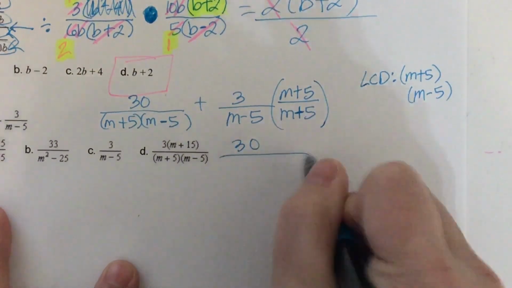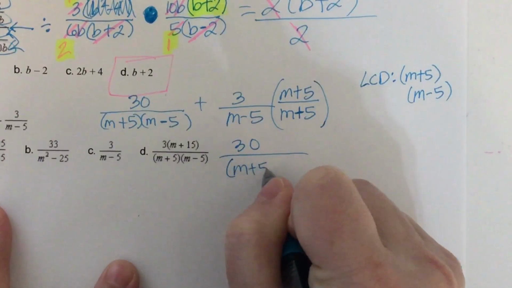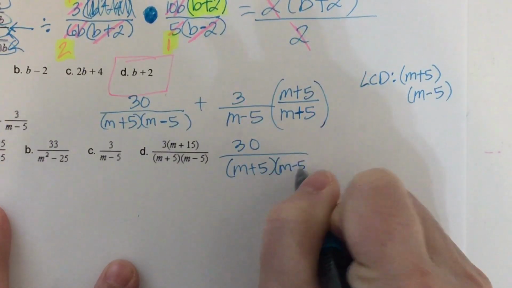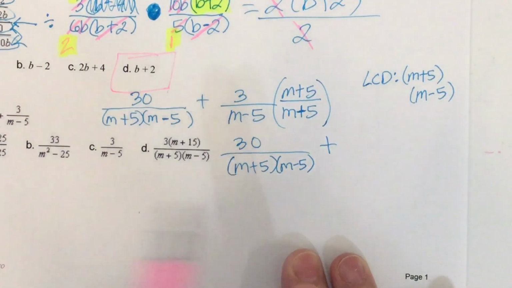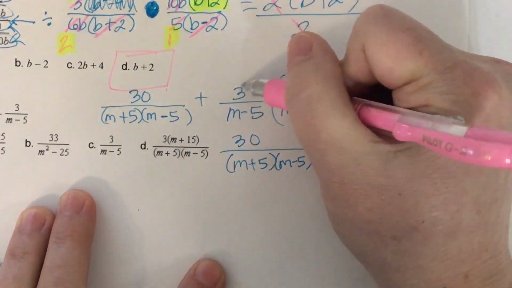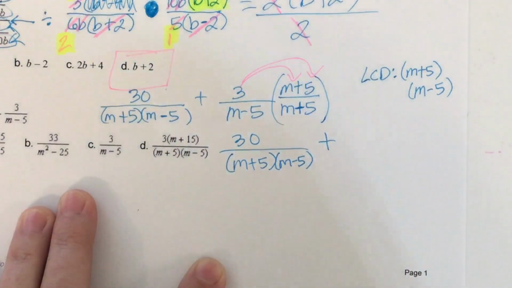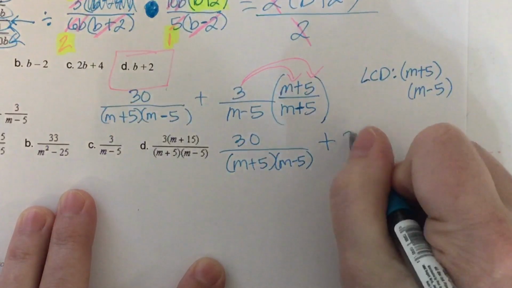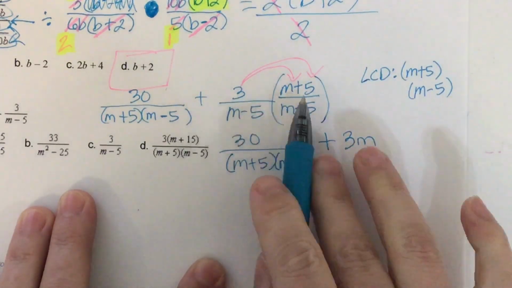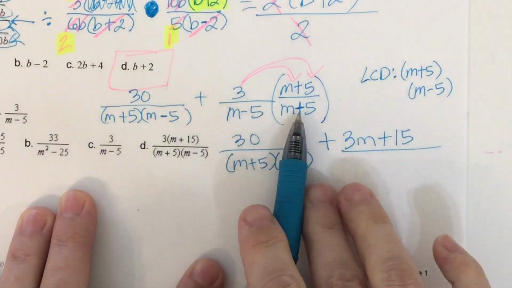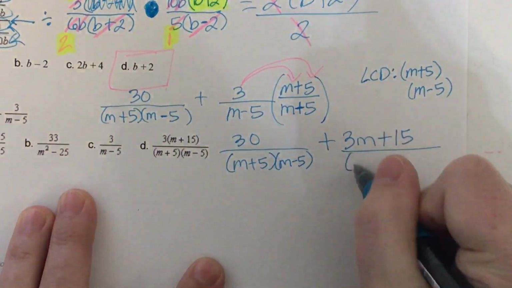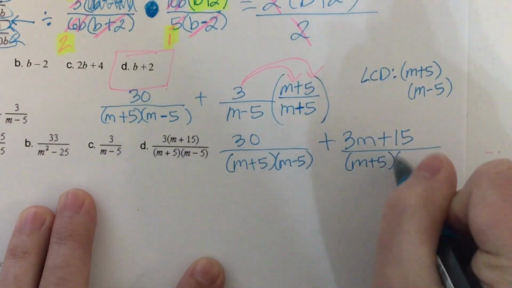So 30 over m plus 5 times m minus 5 plus my second one, I'm going to multiply the numerator. So this is a positive 3 that's getting distributed. So 3 times m is 3m, and 3 times 5 is 15. And now that's over an m plus 5 and an m minus 5, just like the first fraction.